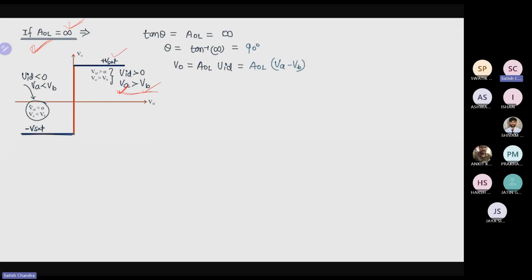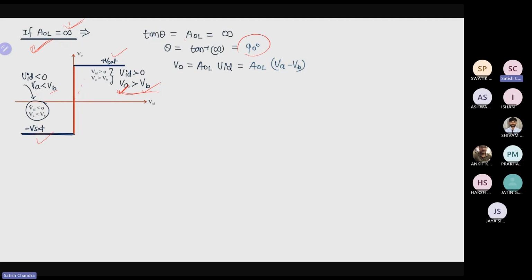And whenever the non-inverting terminal is less than the inverting terminal, we get minus V sat. Whatever comes will give you the tangential form across this, which is nothing but a 90-degree.